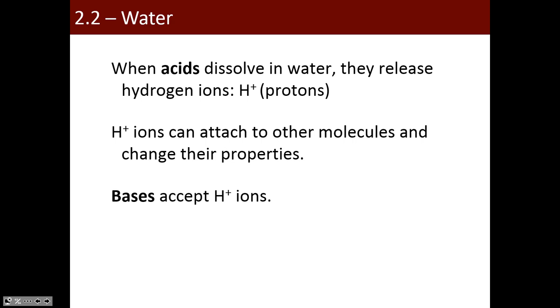If you have a bunch of extra hydrogen ions in your solution, all of those little charges want to attach to things, right? Anything that is a full negative charge or a partial negative charge, this hydrogen ion is like, hey, let's get stable, right? It wants to find something else to attach to. And if it attaches to your biological molecules, like your enzymes and your proteins, it can actually change them. So adding acids to a solution can change the other molecules in the solution because those hydrogen ions are going to be reactive.